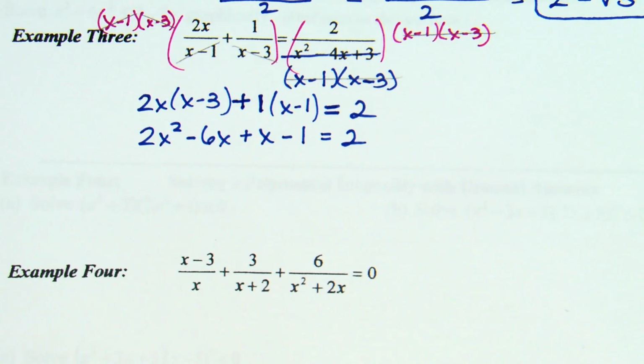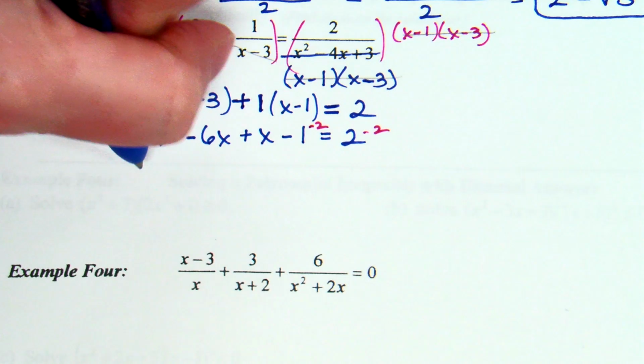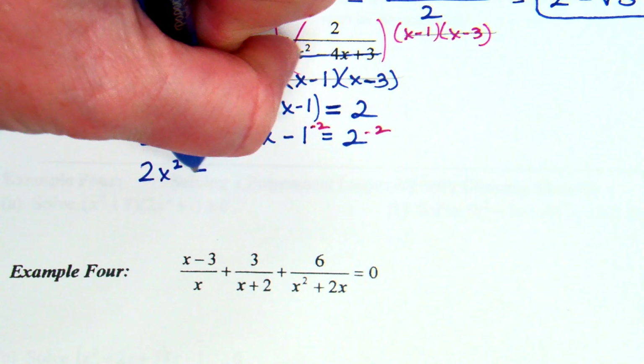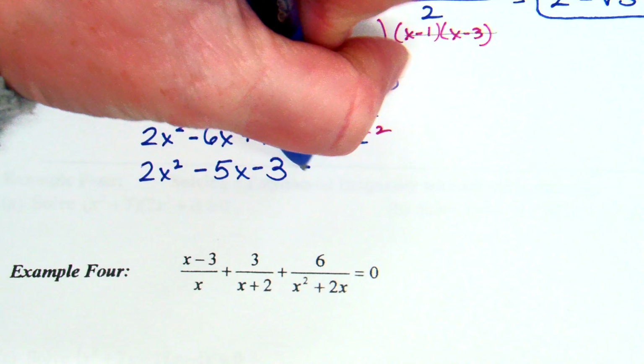Okay, so 2 steps that need to happen, and I'm more than willing to do them both at once. Add like terms together, and go ahead and make your equation equal to 0. So to make it equal to 0, I'm going to subtract the 2 over. So 2x squared minus 5x minus 3 equals 0.